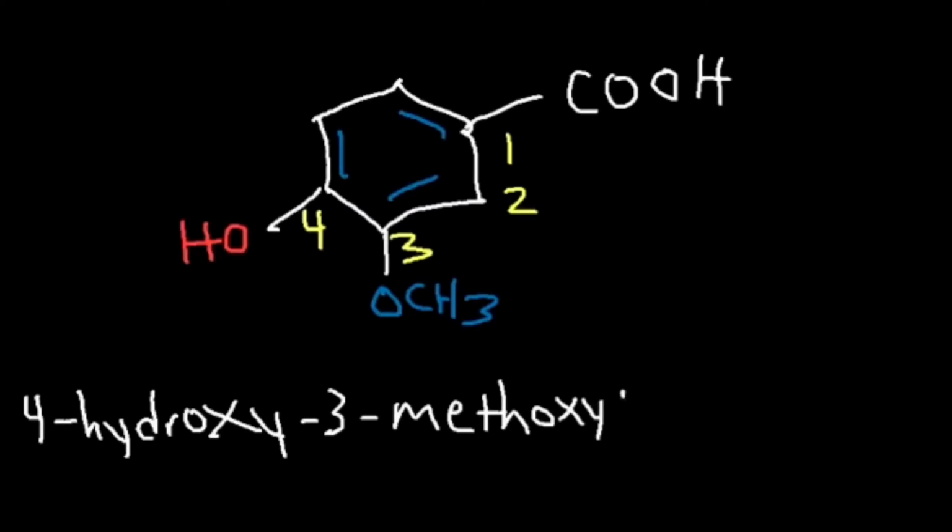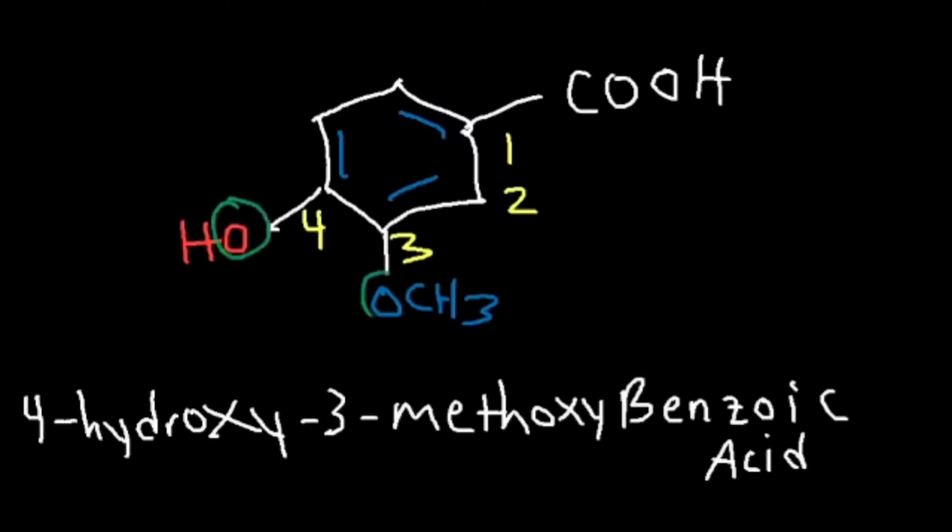And then benzoic acid. Notice that whenever you have an oxygen, you have the word oxy. Here you have a hydrogen attached to the oxygen, so it's hydroxy. And here you have a methyl attached to the oxygen, methoxy. I don't know if you caught that, but it's something useful to know.